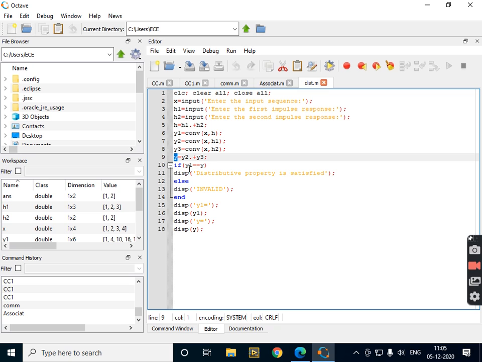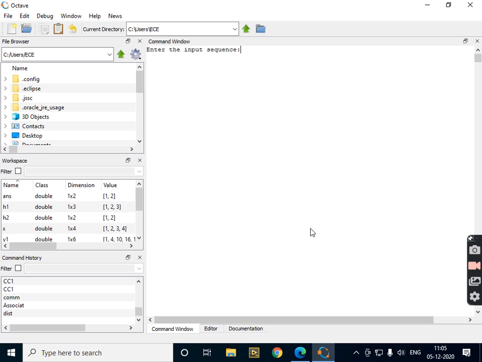We'll compare y1 and y now. If they are the same, then the distributive property is satisfied, else it will be invalid. So when you execute this, again we'll have to give 3 inputs.